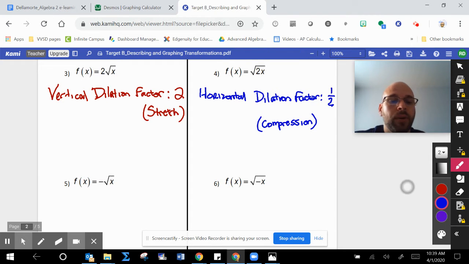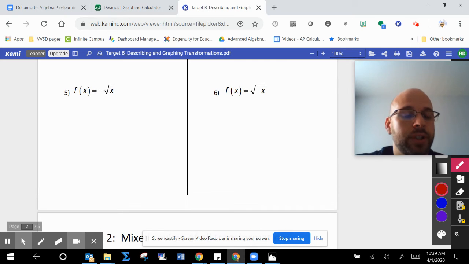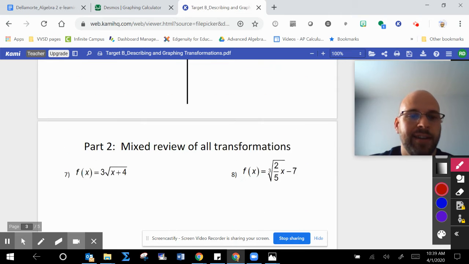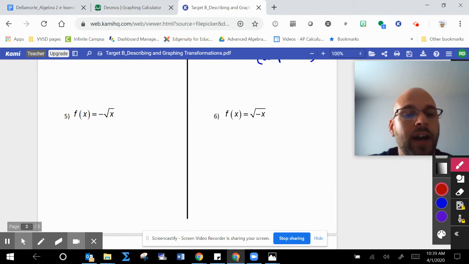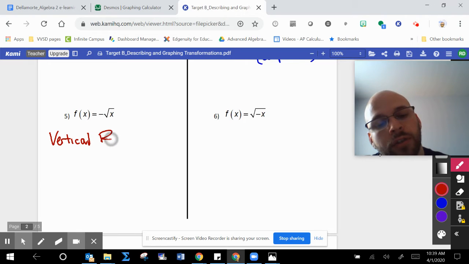All right. Now we have the last set. Okay. The last set of problems here is, hang on. All right. Number 5, if I have a negative multiplier on the outside, that is going to be a vertical reflection.